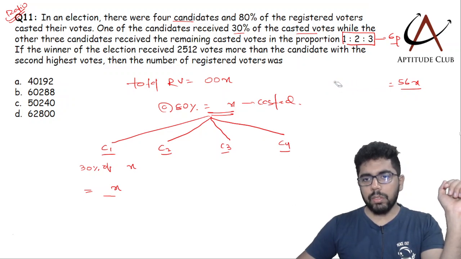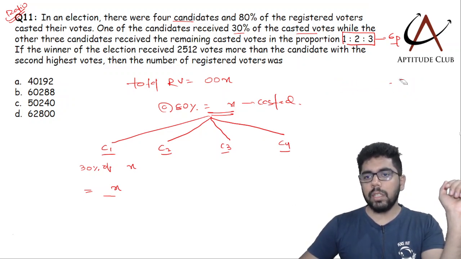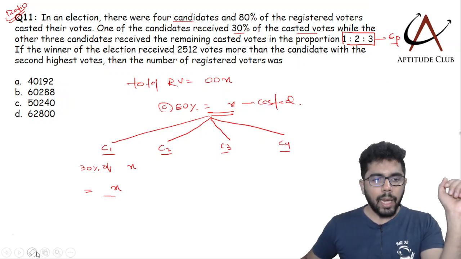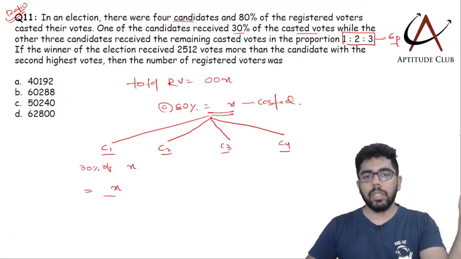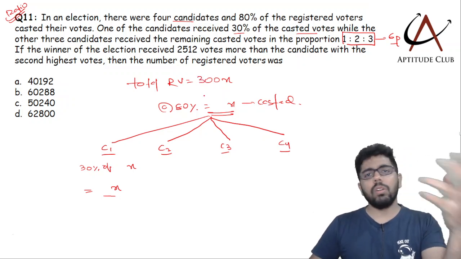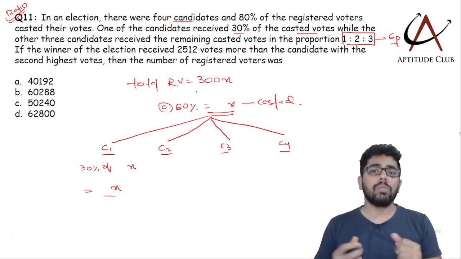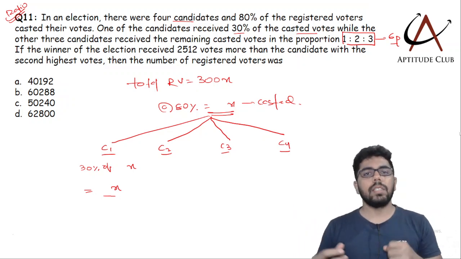I hope all of you understand why. Because the moment you take it as 300x, it will be divisible by 3, and breaking the remaining votes in the ratio 1:2:3 will be convenient for us. 100x was not wrong. In that process also you would have got the same answer, but if you assume it as 300x, then you can avoid fractions.